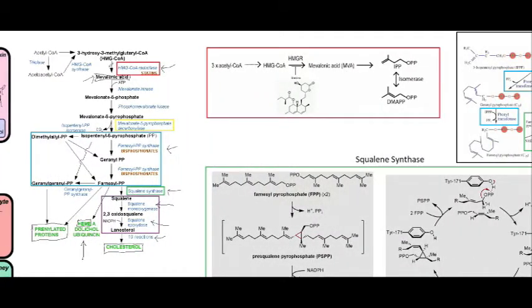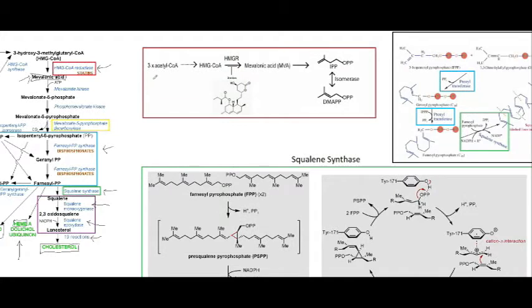So the first one is Hmg-CoA Synthase. And so that's going to generate our Hmg-CoA from 3 acetyl-CoAs. And then from there, our Hmg-CoA Reductase will turn it into mevalonate. And this just shows a certain type of statin here.